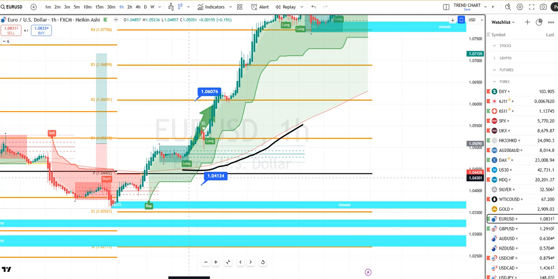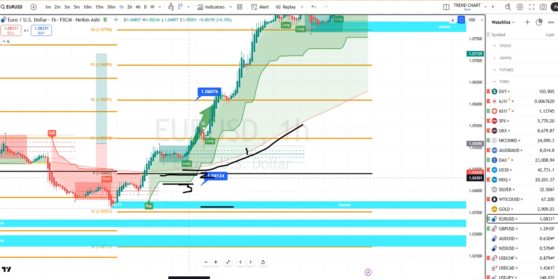You're also looking for the price to remain above the central pivot, which is the average of the previous day, and above this support line. So you have 1, 2, 3 areas of support and a demand area here.